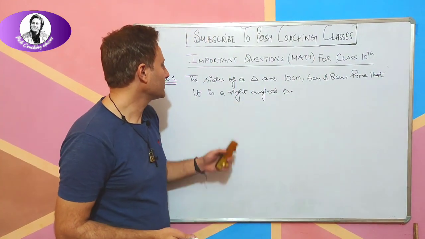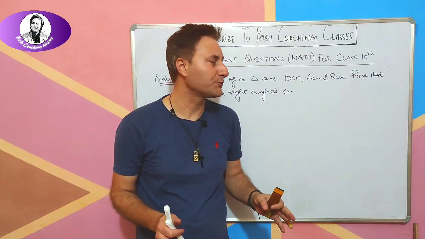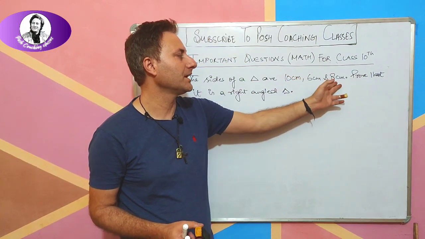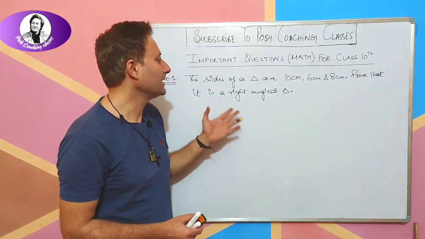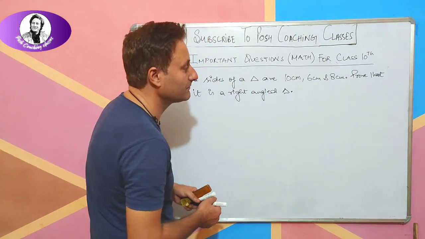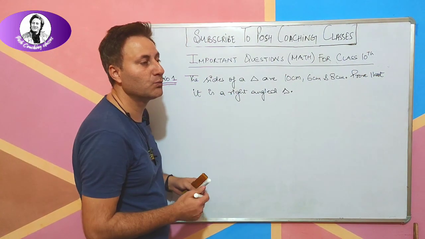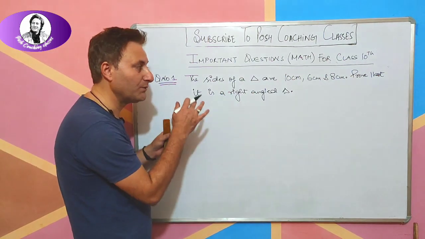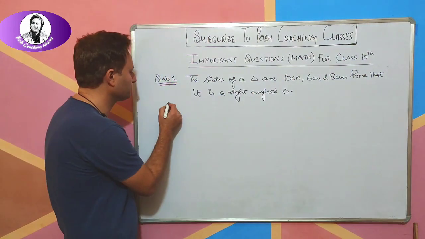The question says the sides of a triangle. We have a triangle, obviously 3 sides in a triangle, so 10, 6 and 8. We have to prove that it is a right angle triangle. So to prove a triangle as a right angle triangle, we need to know that there is something known as Pythagoras Theorem. So we will apply Pythagoras Theorem here.